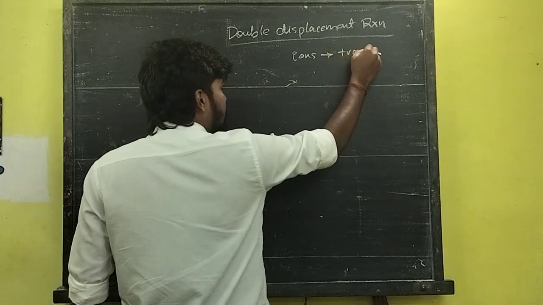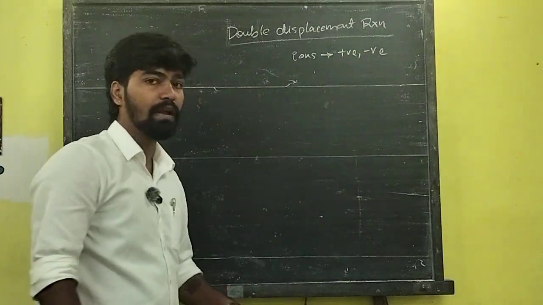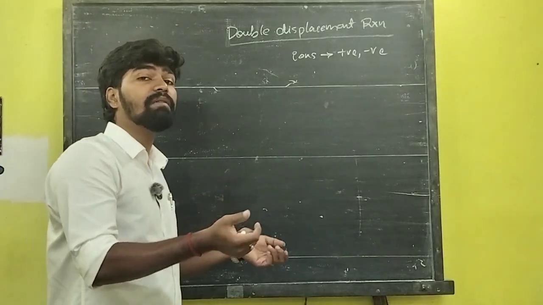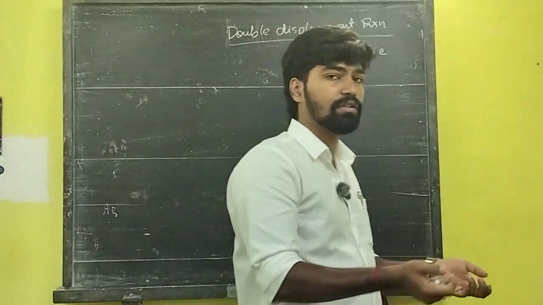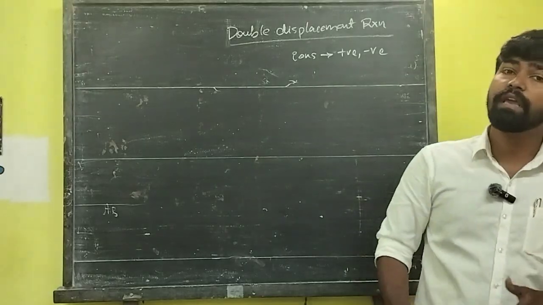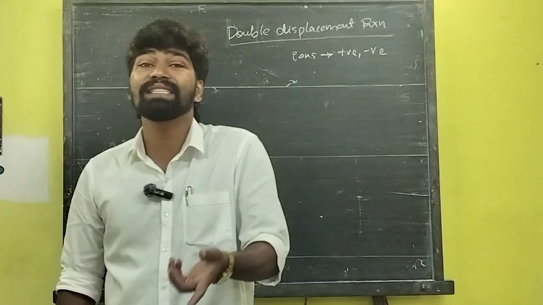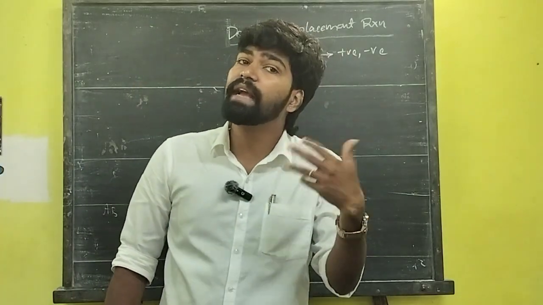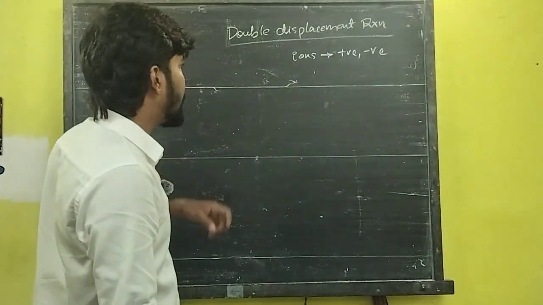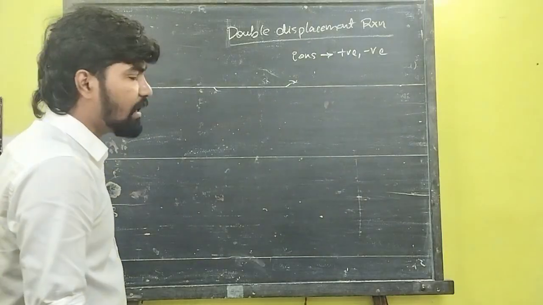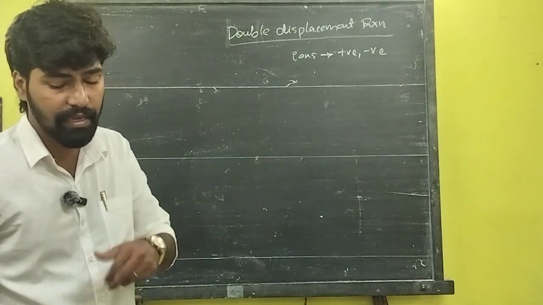We have two types of charges, positive and negative. So exchange of ions in a compound gives a new compound or new product where the product formed is insoluble. This reaction we call a double displacement reaction. Let us understand with a basic example.